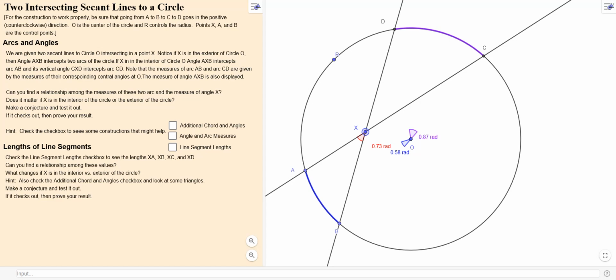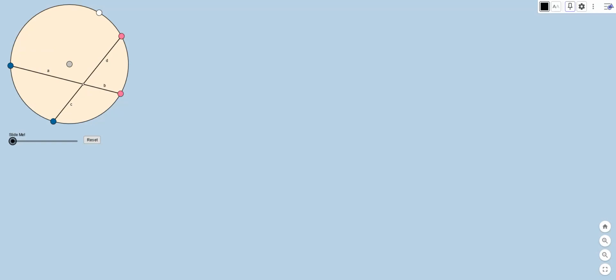Well, let's look at this activity that Tim Brzezinski put together. So in other words, we're looking at these numbers A, B, C, and D. If we make a chord there, that gives us a triangle. See that? Watch this.